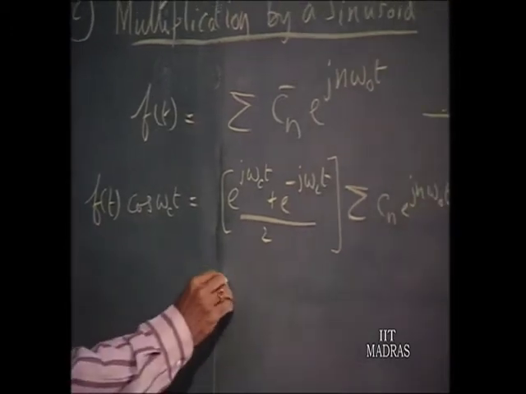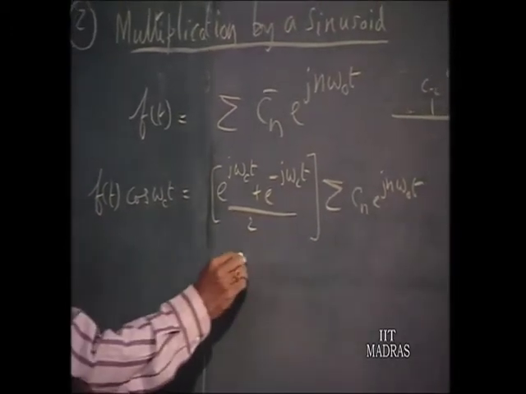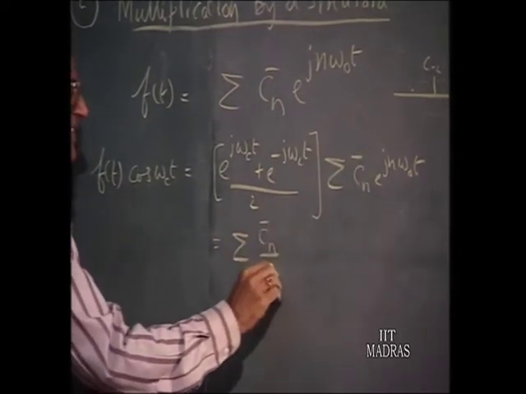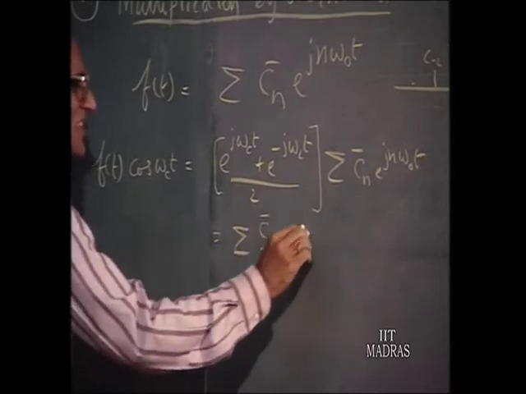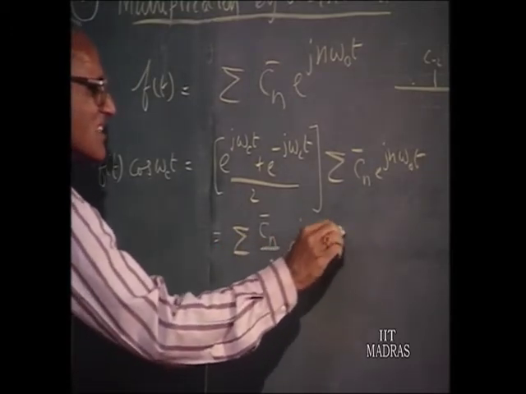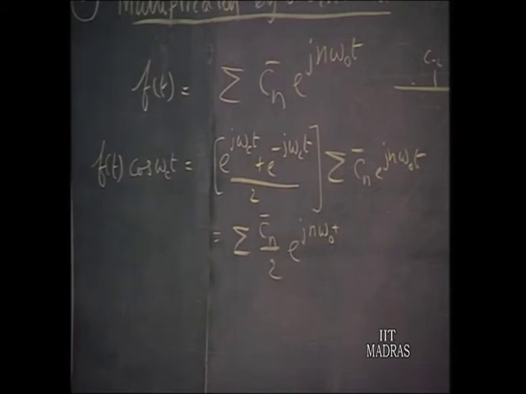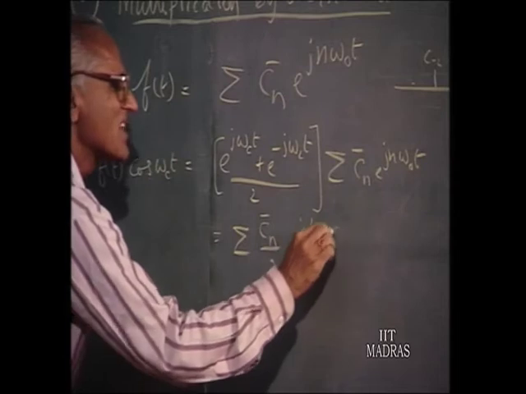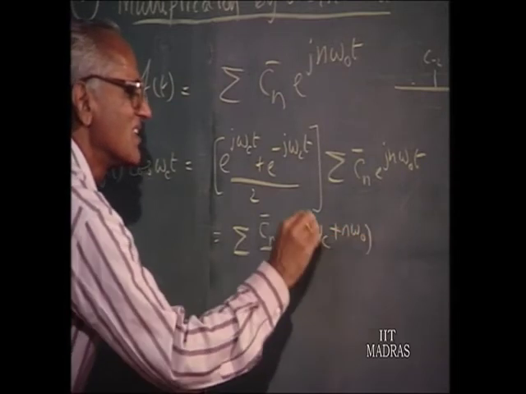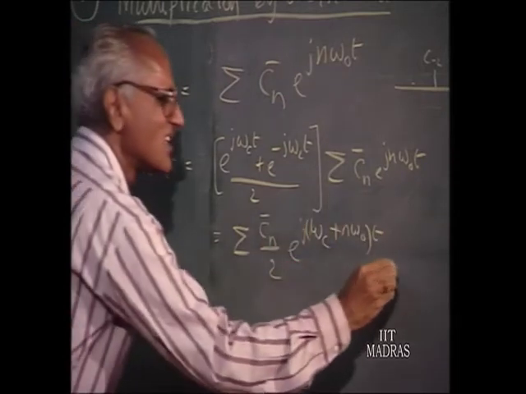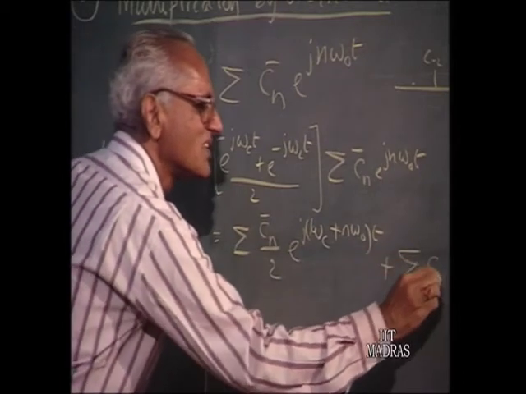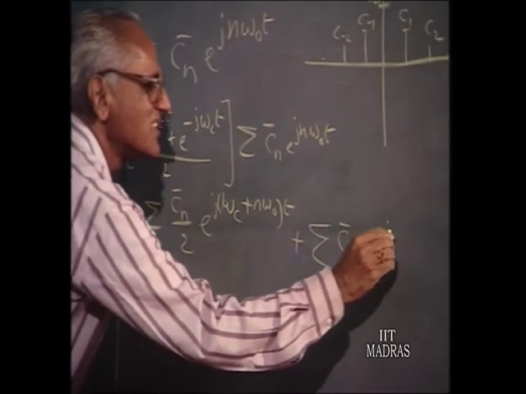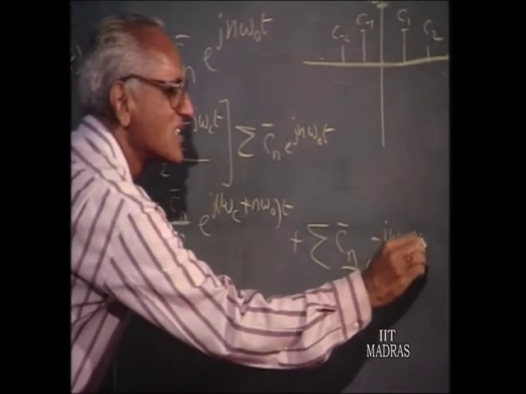The result is you get one expansion, Cn upon 2 e to the power of j (omega c plus n omega naught) t, plus another group of terms, Cn by 2 e to the power of minus j (omega c minus n omega naught) t.